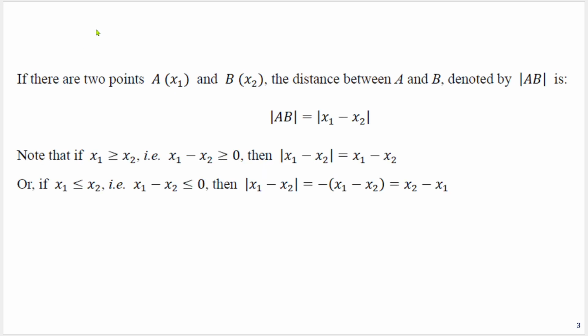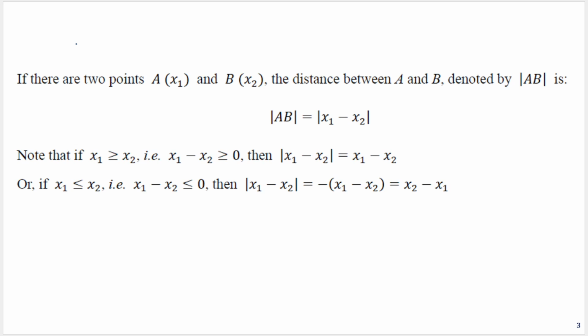So let's make a summary here. This tells us that if there are 2 points A, B, whose coordinates are x1 and x2 respectively, then the distance between A and B, which is denoted by AB here, is calculated by the absolute value of the difference between the 2 coordinates, x1 and x2.